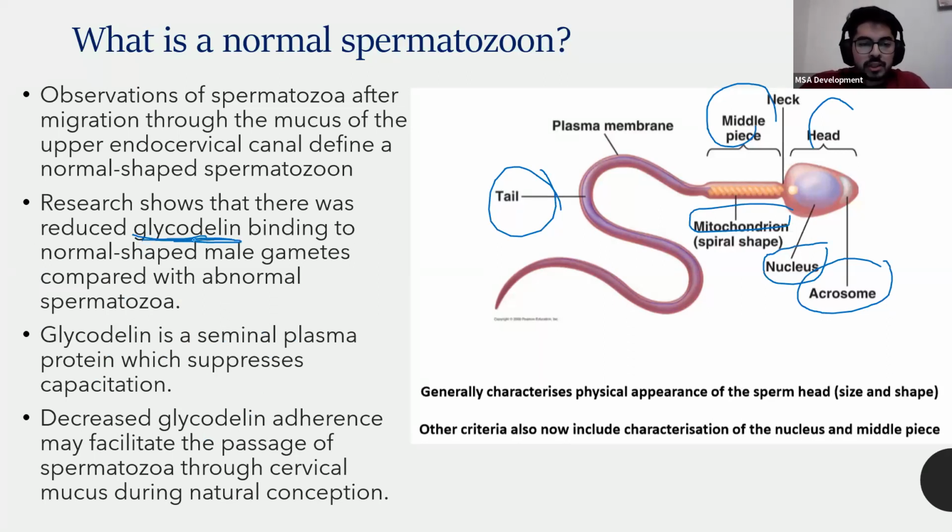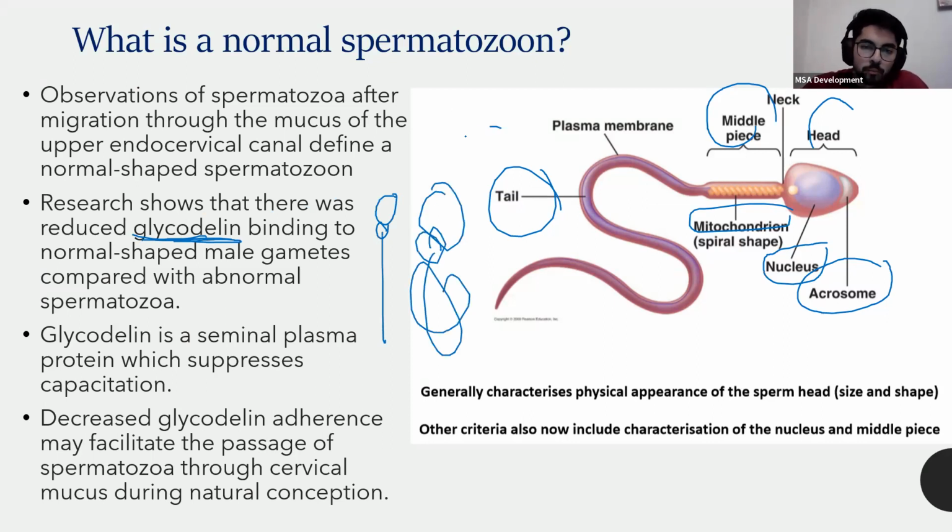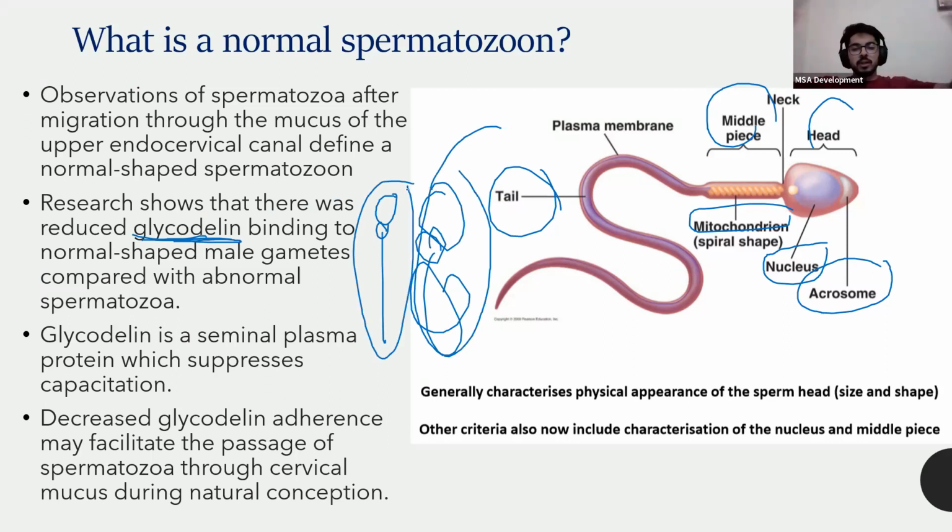This glycodelin protein somehow has an ability to bind these abnormal sperms more than the normal sperms, okay? So if you have this normal sperm, and let's say this is a very abnormal sperm, it has the ability to bind this abnormal sperm more than this normal sperm. And in general, the function of this protein is to suppress capacitation, okay?